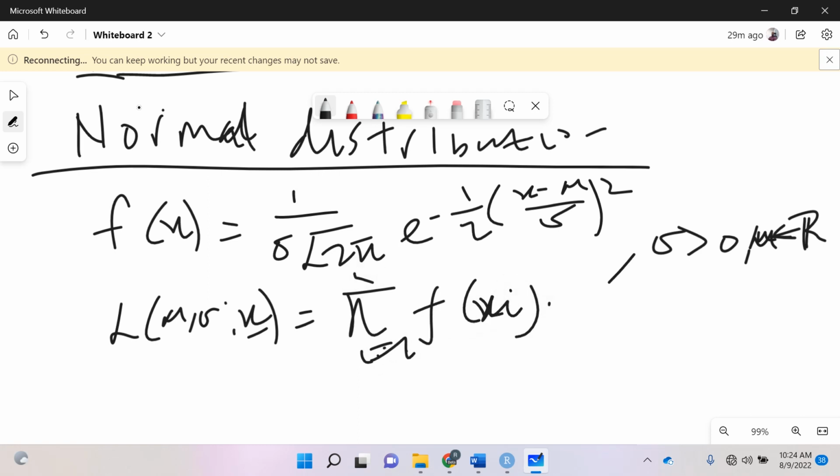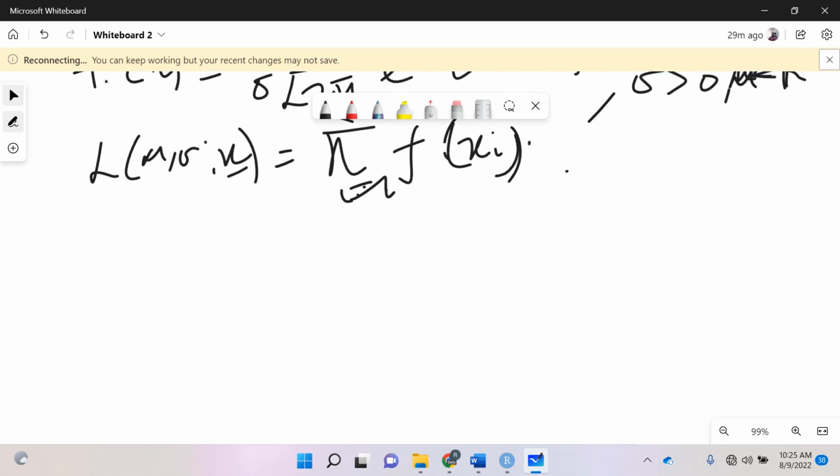So if you put this in, you can find your likelihood. Xi. Okay. So like that. Now, essentially, if we put this one in, and then we find the logs of it, we are going to get L of mu, sigma squared.